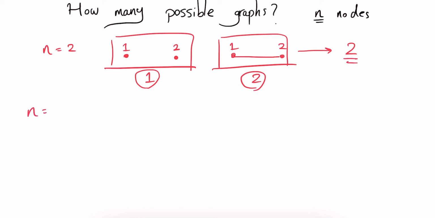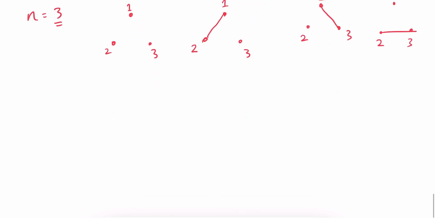What if n equals 3? Let's count that. So we have node 1, node 2, and node 3. So firstly, this is a graph itself. Node 1 can be connected to node 2. Node 1 can only be connected to node 3. We can have node 1 alone and nodes 2 and 3 connected together.